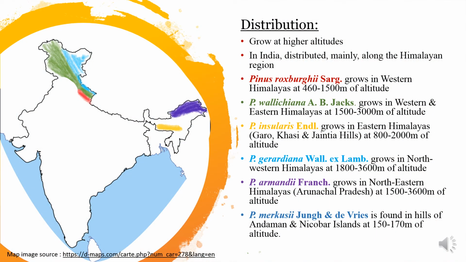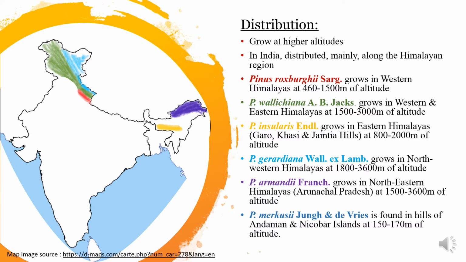Now let us take a look at how these species are distributed geographically. Pinus mainly grows at higher altitudes, and in India it is mainly distributed along the Himalayan region. First of all, Pinus Roxburghi.